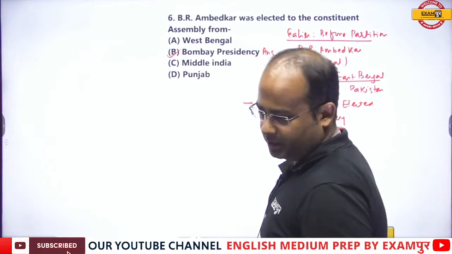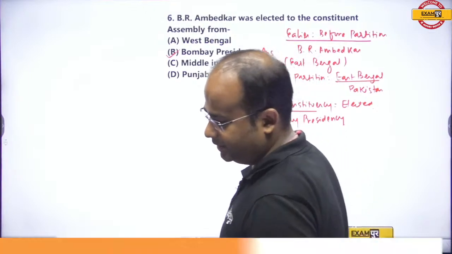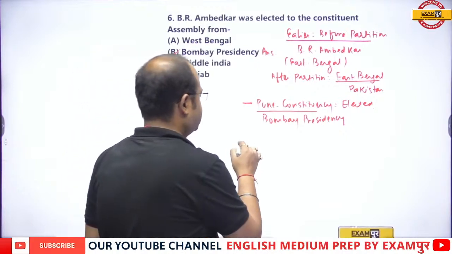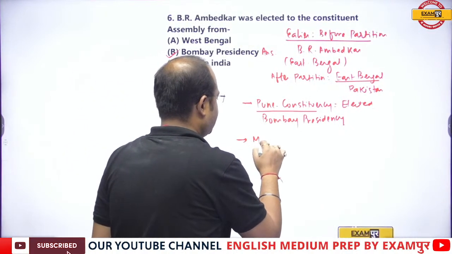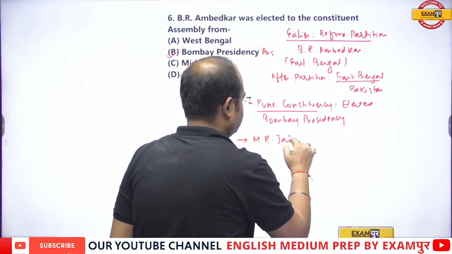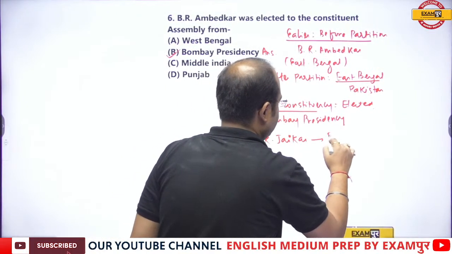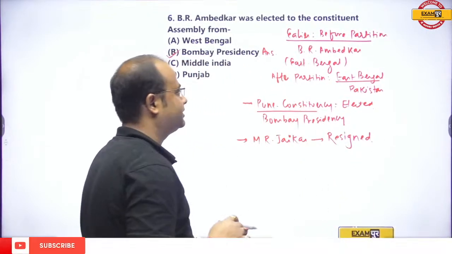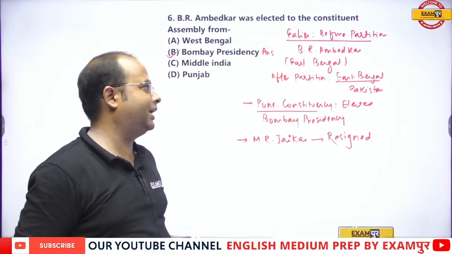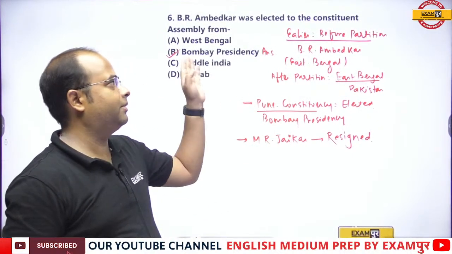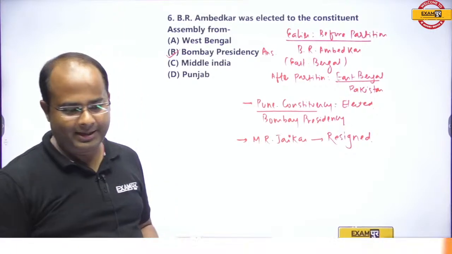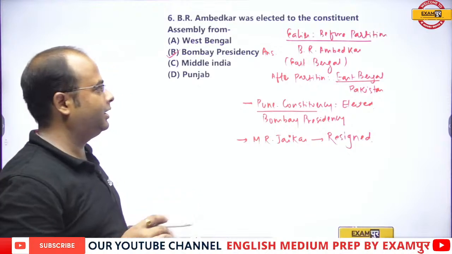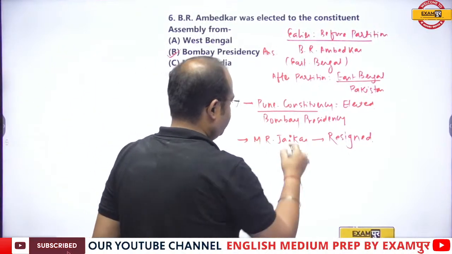There was a seat, and M.R. Jaikar resigned. Then re-election was held in the Pune constituency, from where Baba Saheb Bhimrao Ambedkar was elected. So guys, the correct answer will be Bombay presidency. So finally he was elected from Bombay presidency.